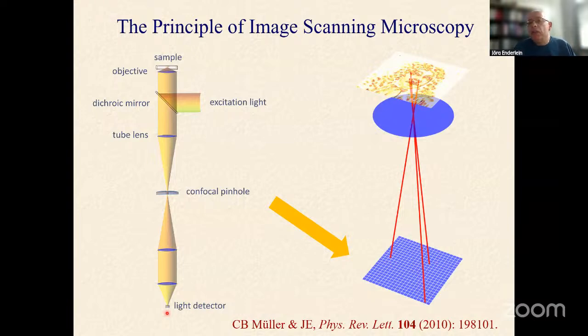So the idea was to kick out this whole part here, which is the confocal pinhole, relay lenses, and light detector, and to replace the pinhole by an array detector in such a way that each pixel of this array detector is acting as something like a union of a very, very small confocal pinhole and a light detector.